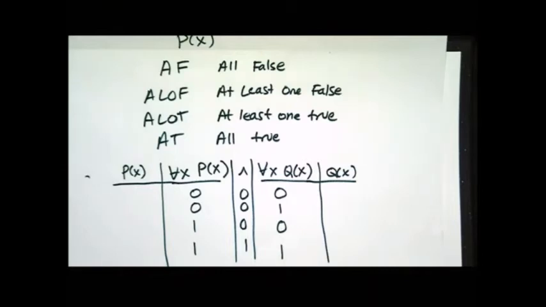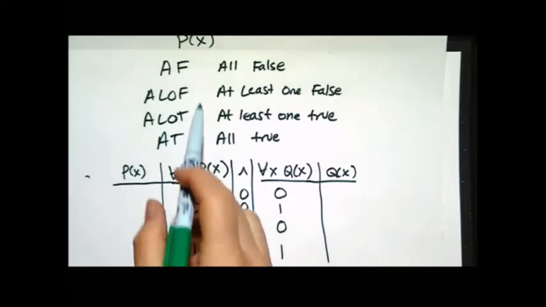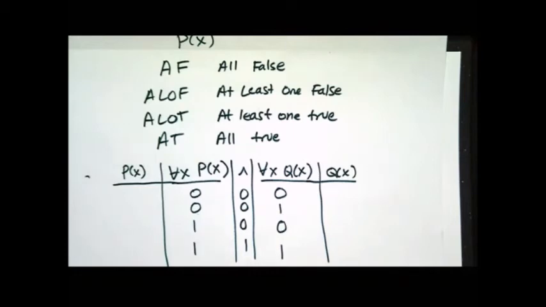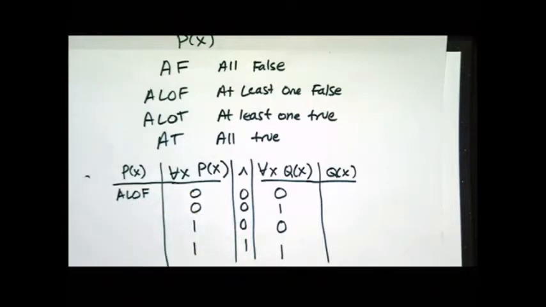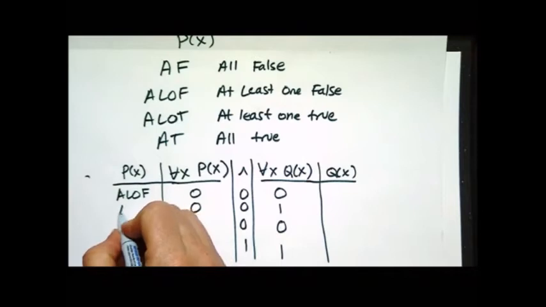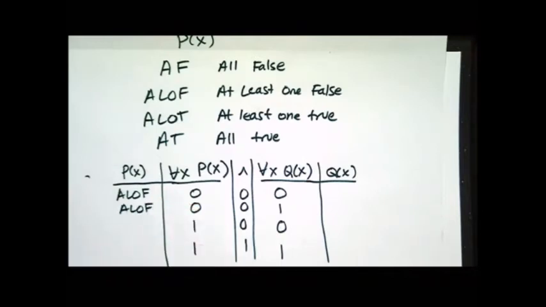So the reason why we have the shorthand is because they actually correspond to the zeros and ones for our quantifiers. So if I have a for all and it is false, then I have at least one false for the function that's on the inside. No matter how complex it is, that for all means that whatever that thing on the inside is, there's at least one false for it if for all X P of X is false. And since this is a 0, it'll be exactly the same.